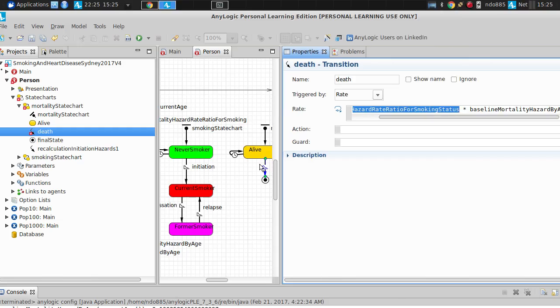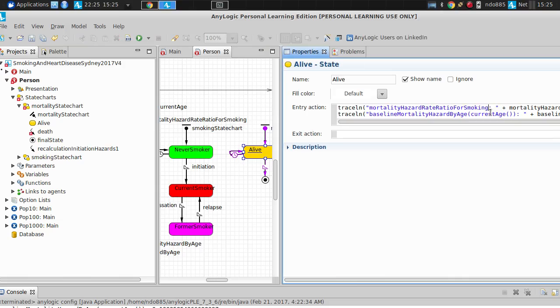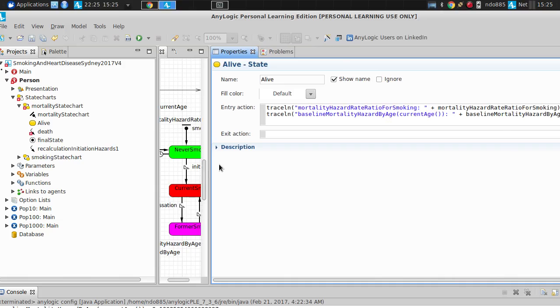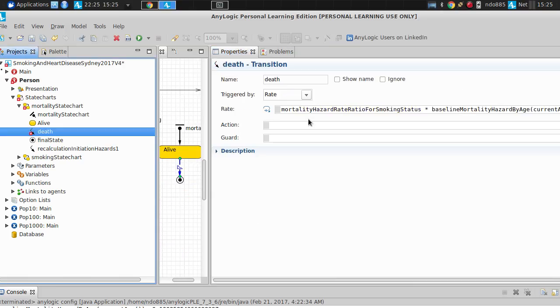Okay, so this is successful. It was an AnyLogic problem, which is simultaneously satisfying but also dissatisfying. Okay, here we go. This was simply not flagged.